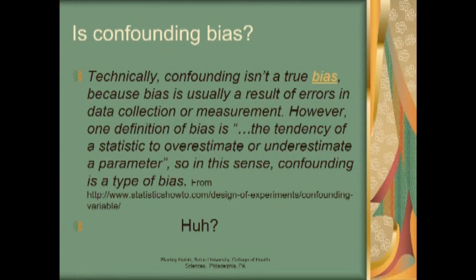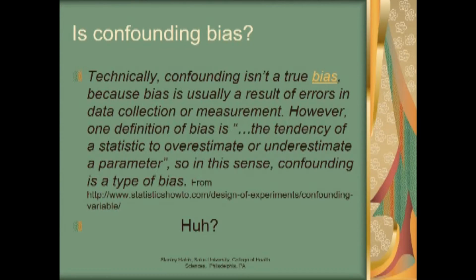So I have been talking about confounding on some slides and confounding bias on other slides. Why is this? Well, because there is not a consensus in terms of whether confounding is in and of itself a flaw in a study or if it is a subset of bias along with selection bias and information bias.